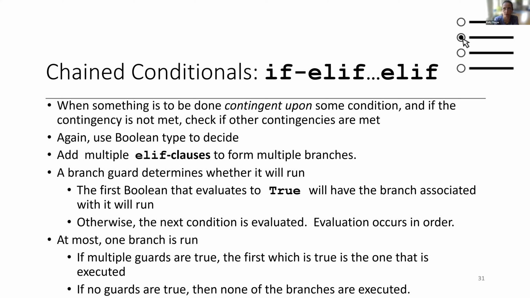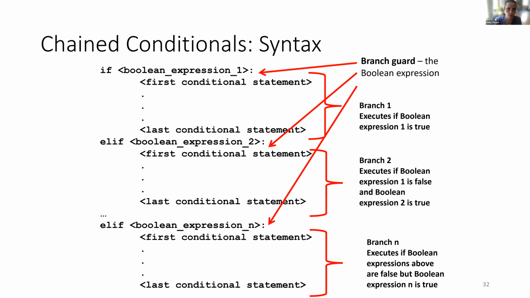You skip over the other ones. So that would also be one. What if none of the choices have a true branch guard? Well, then none of them will execute. So the possibilities are that one branch would execute, but it's also possible that zero will execute. And that is independent of how many branches are actually true.